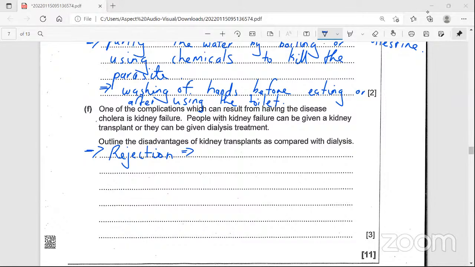No, but in terms of the process of waiting for it. Okay. So time consuming. Yeah, exactly. That's my point. Compared with dialysis, because that person has to wait for it to be clean. Are we together?